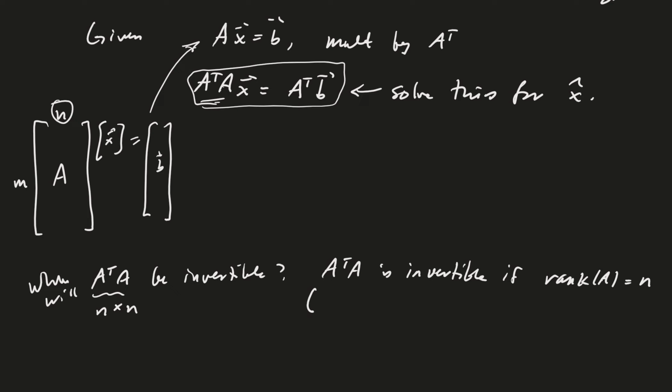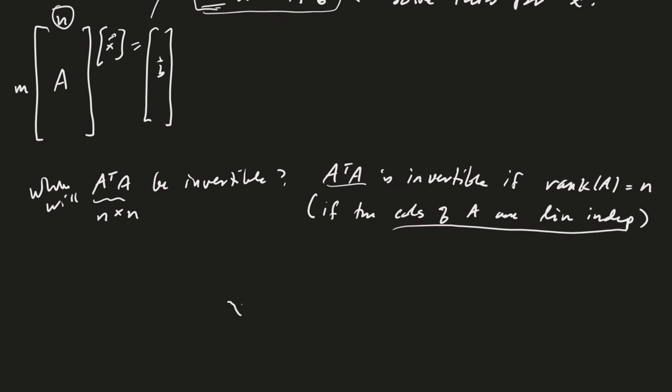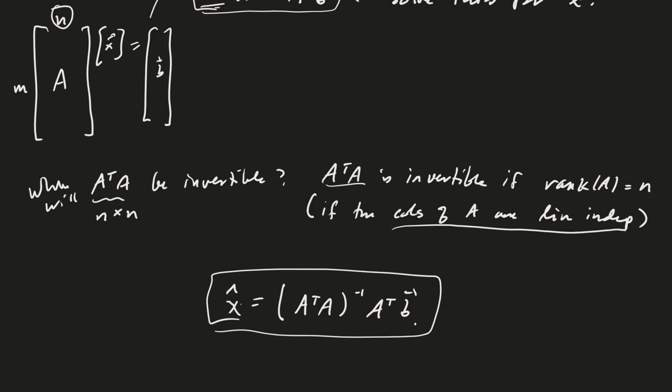In other words, if the columns of A are linearly independent. So in the case that the columns of A are linearly independent, A transpose A is invertible, and therefore, how do we compute x hat? x hat is then A transpose A inverse A transpose b. Good, and so here's a formula for x hat, given that the columns of A are linearly independent.